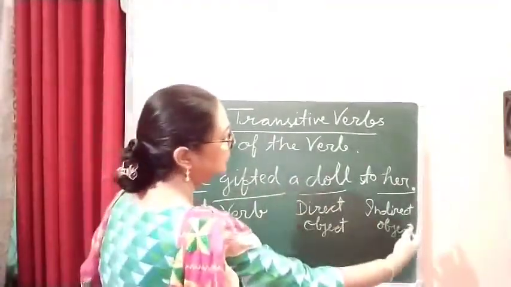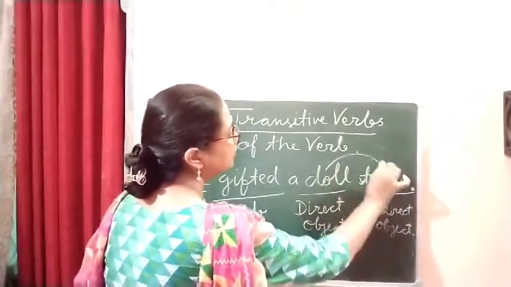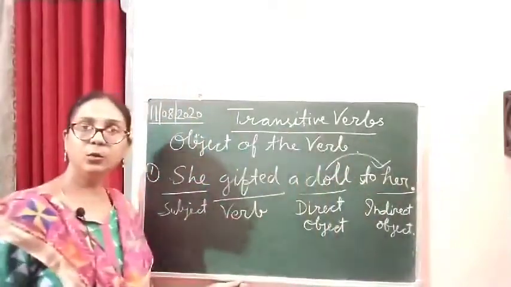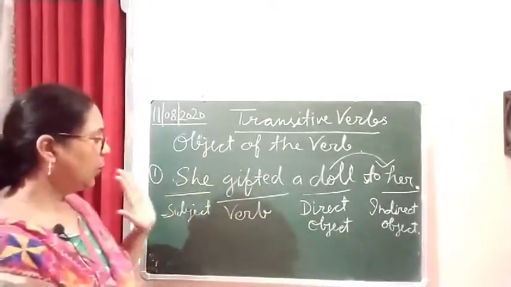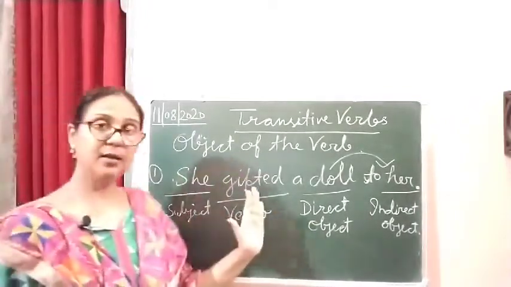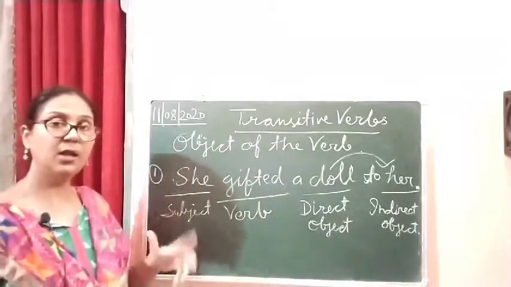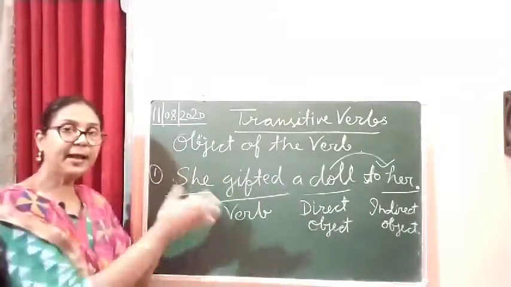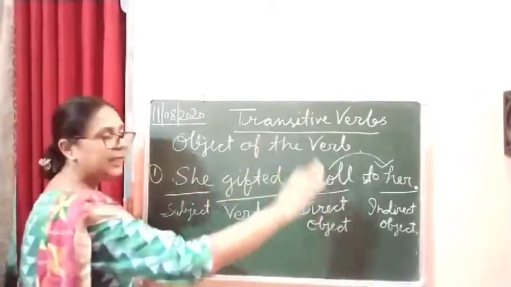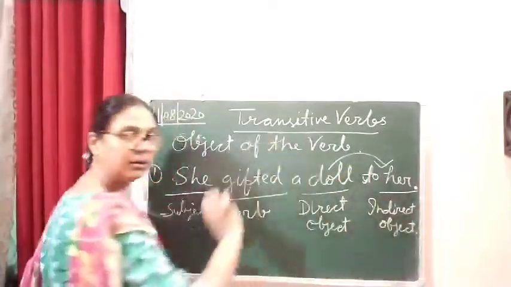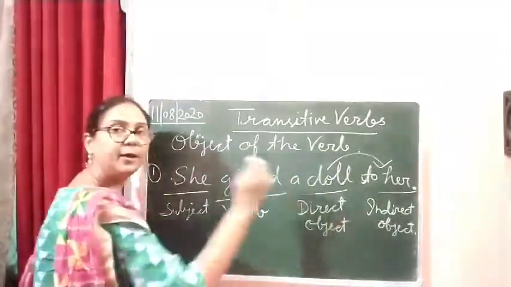And then it goes to whom? To her. So here, the object on which the subject is doing the direct action is a doll. And then it shifted to her. So that has become the indirect object.